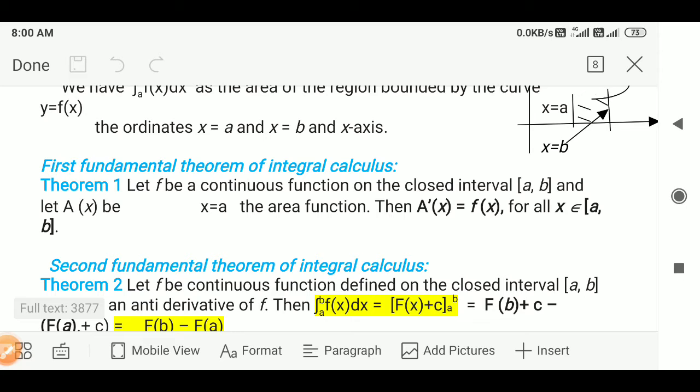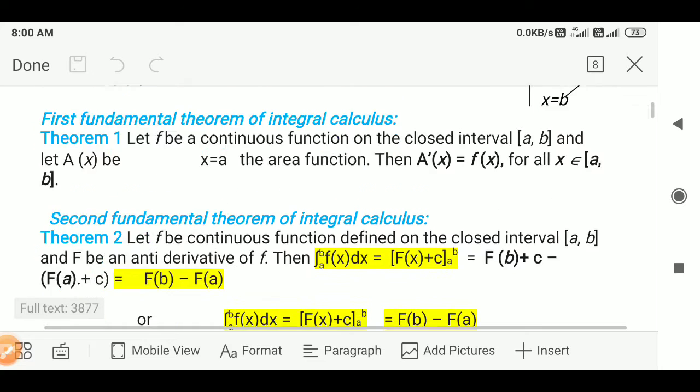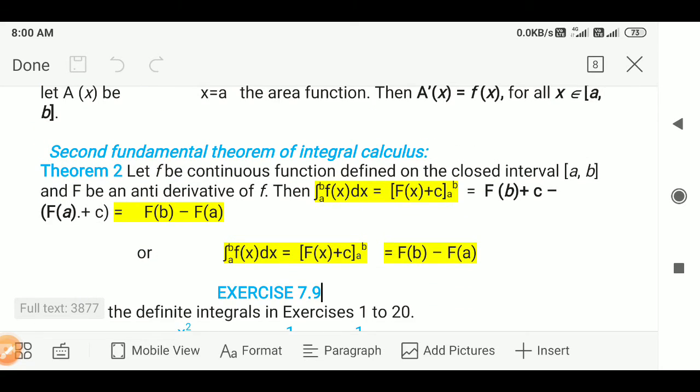Let f be a continuous function on the closed interval [a, b] and let A(x) be the area function, then A'(x) = f(x). The area function is a function whose derivative is the given function, for all x belonging to [a, b]. This is the first fundamental theorem.